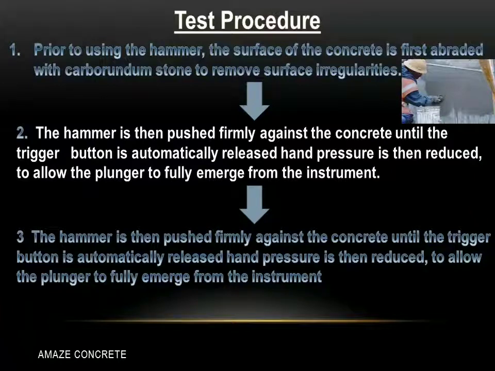Third one, the hammer is then pushed firmly against the concrete until the trigger button is automatically released. Hand pressure is then reduced to allow the plunger to fully emerge from the instrument.